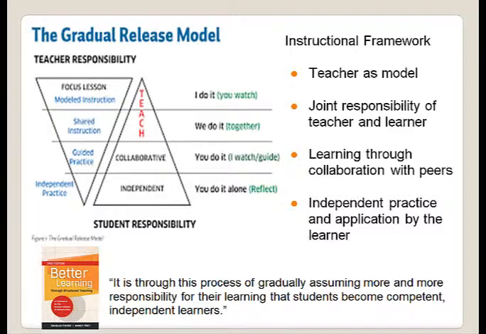In the collaborative learning phase, students use language skills to practice and apply their learning while interacting with their peers. In the independent learning phase, students work independently to practice applying skills and information and solidify understanding. The authors write that it is through this process of gradually assuming more and more responsibility for their learning that students become competent, independent learners.